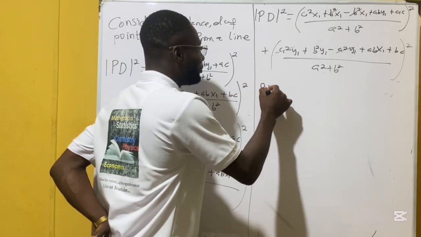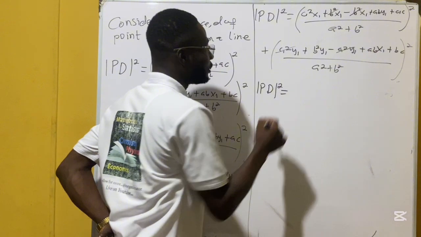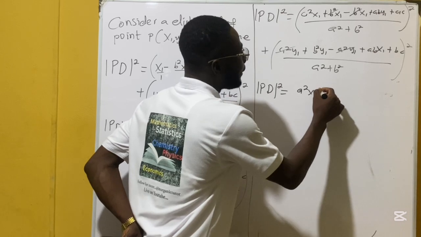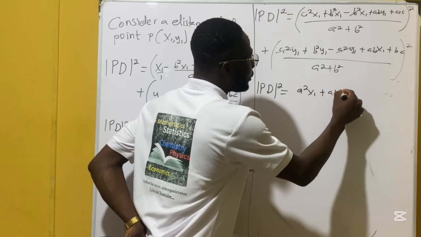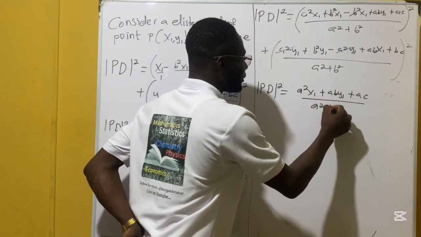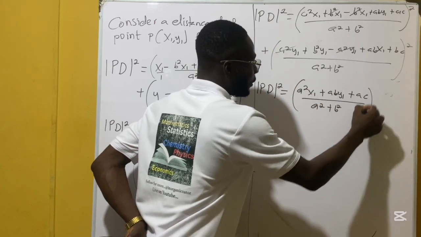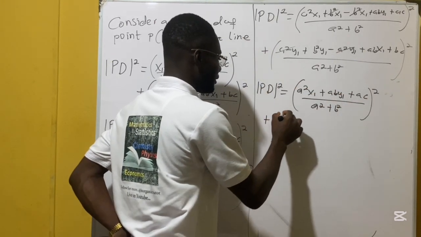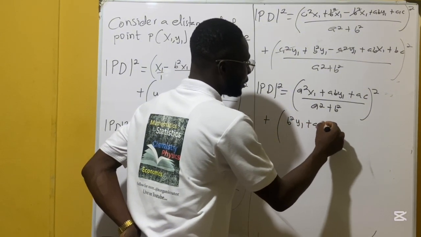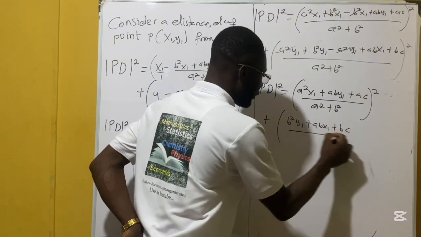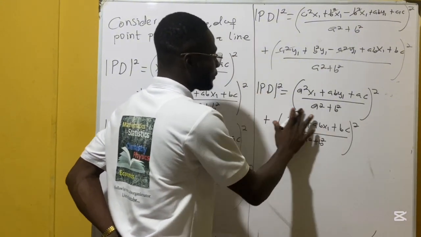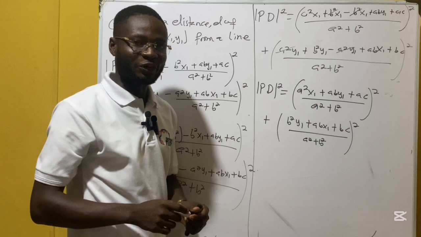So we're going to have PD all squared equal to A squared x1 plus AB y1 plus AC, all over A squared plus B squared, all squared, plus B squared y1 plus AB x1 plus BC, all over A squared plus B squared, all squared, right? So now the work is becoming easier, right?